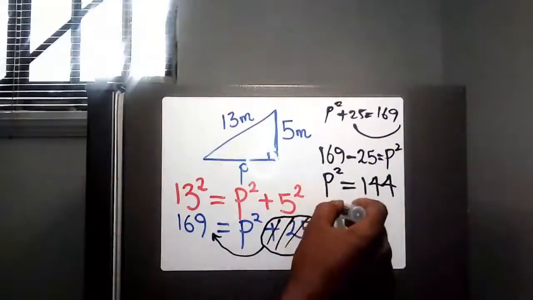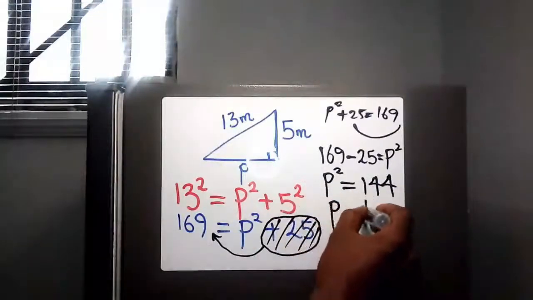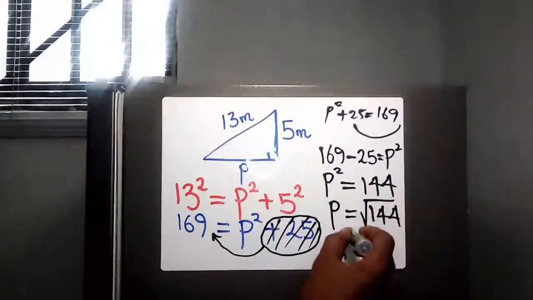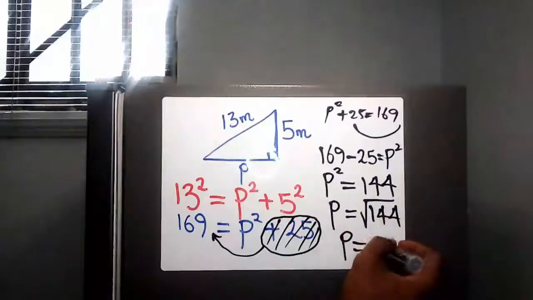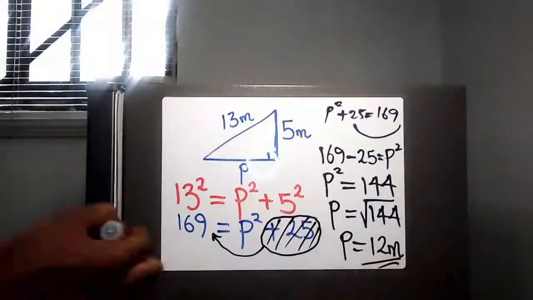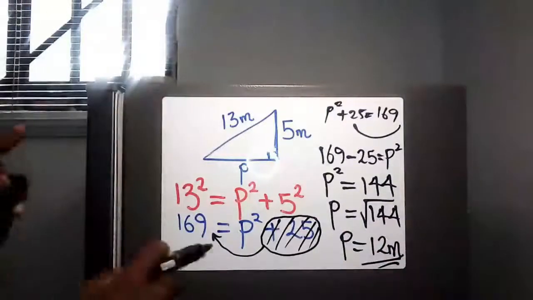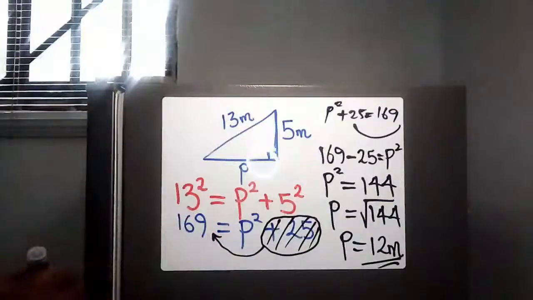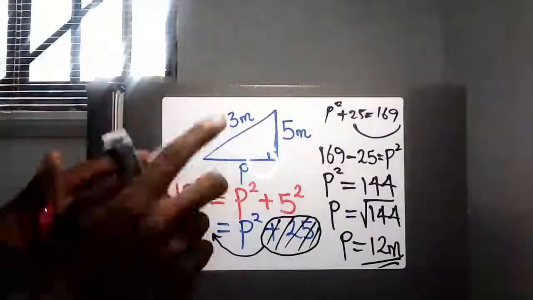Now p equals the square root of 144, which is 12. So this is 12 meters. So simple. These are the basics that you need in Pythagoras theorem. Thank you for watching. Arrivederci.